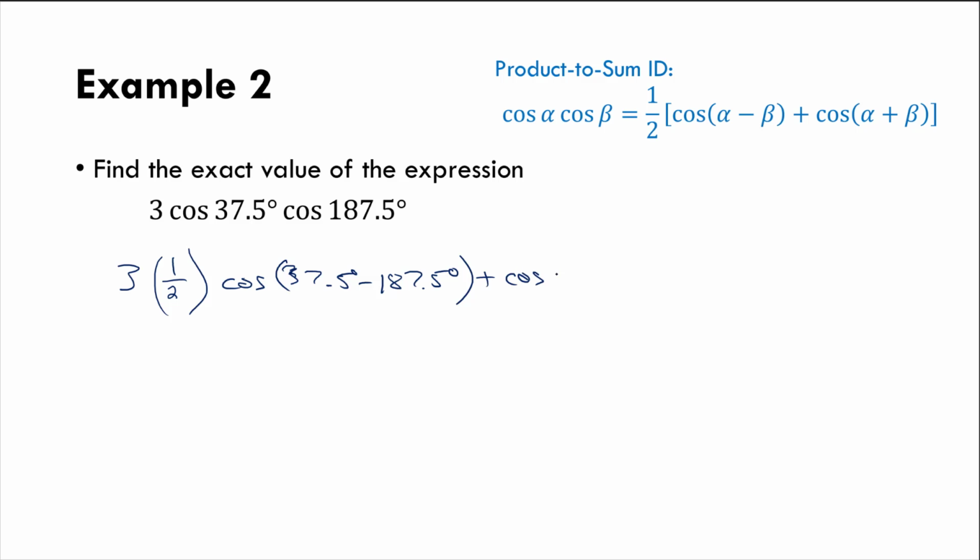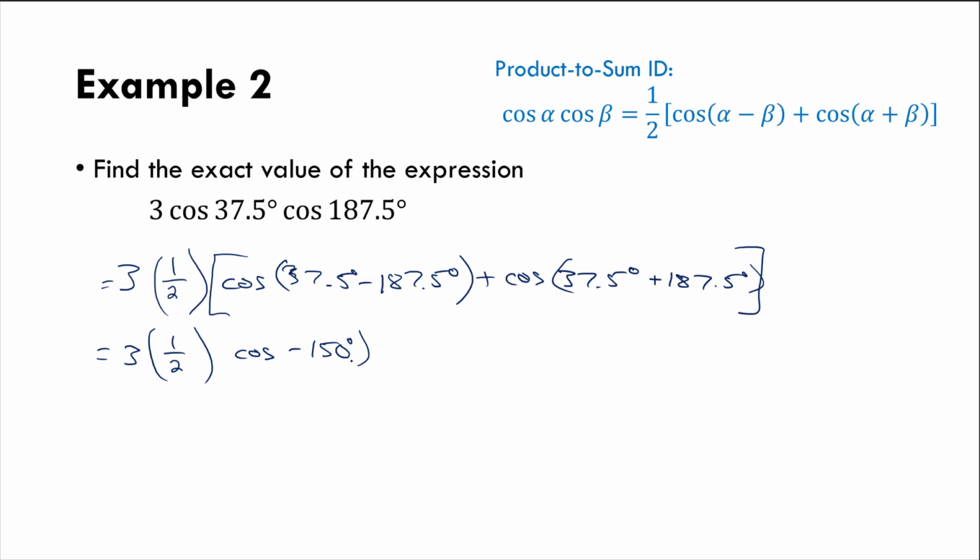Plus cosine of 37.5 degrees plus 187.5 degrees. So this will be 3 times 1/2, and then this will be cosine of negative 150 degrees plus cosine of 225 degrees.